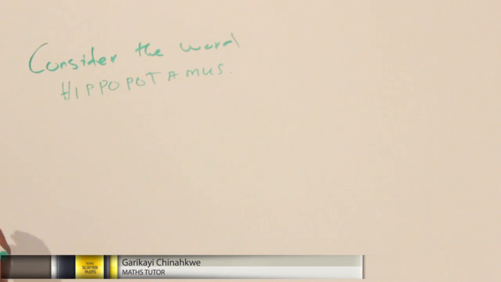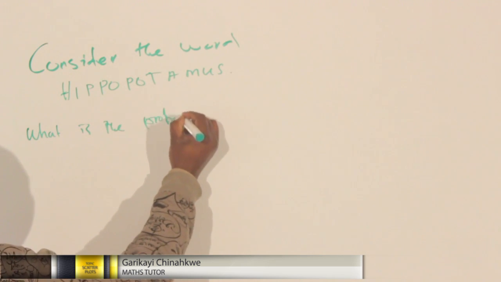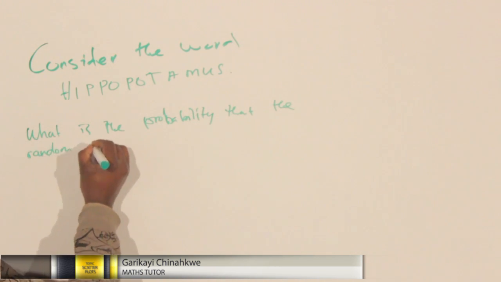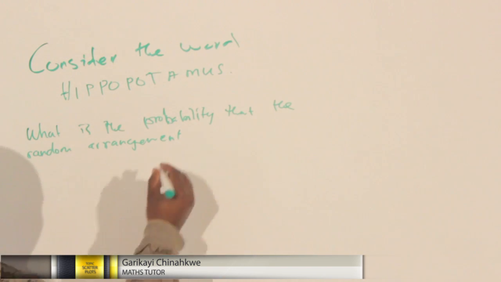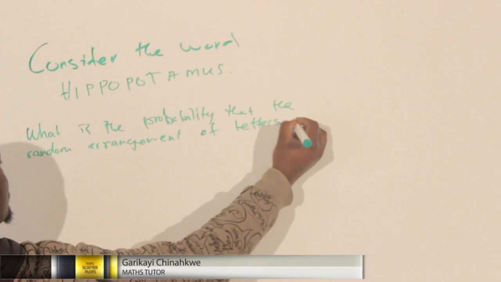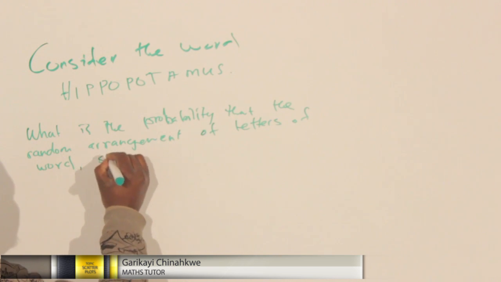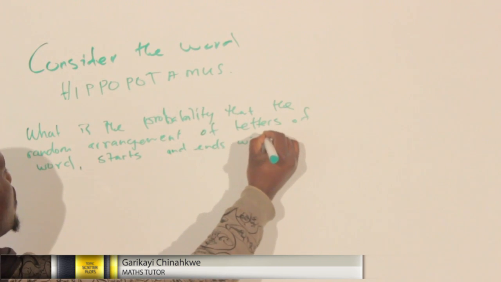The question is, what is the probability that the random arrangement of letters of the word starts and ends with O?